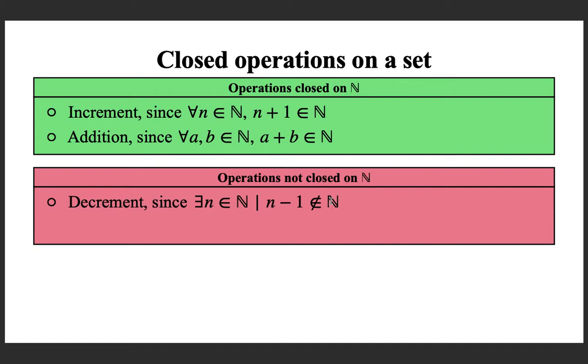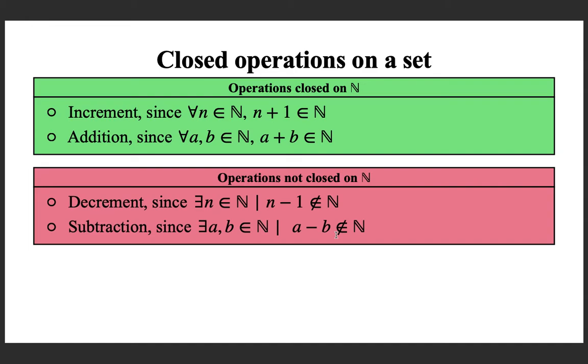For example, if you consider 0 as the least natural number, then 0 minus 1 is not a natural number. So decrement is not a closed operation. Another example is subtraction, which is not closed on the natural numbers, because you can find 2 natural numbers a and b such that a minus b is not a natural number. Any a and b where a is less than b is such a case.